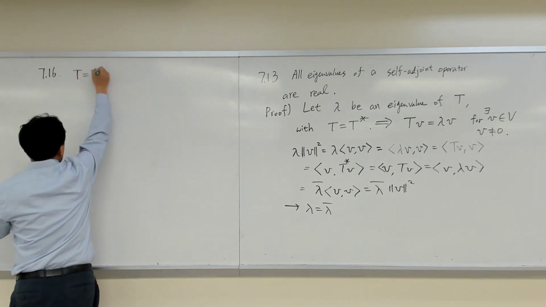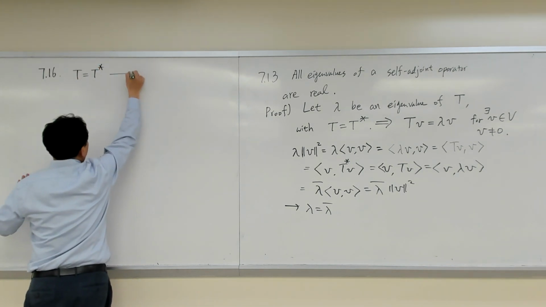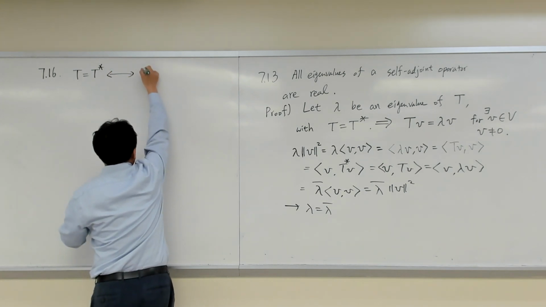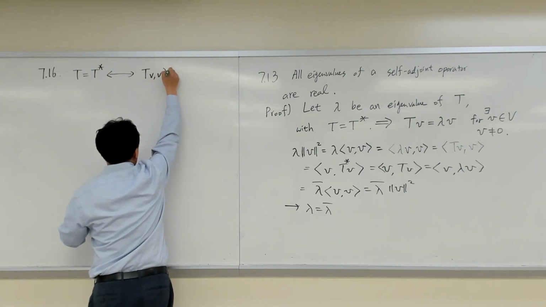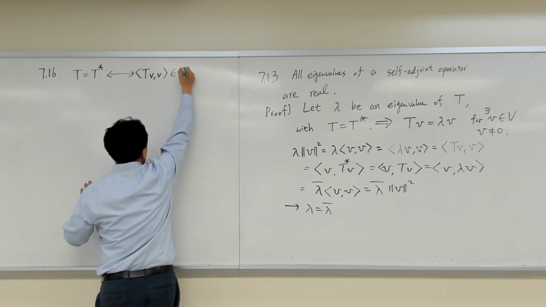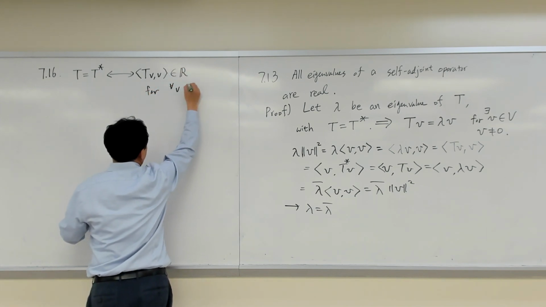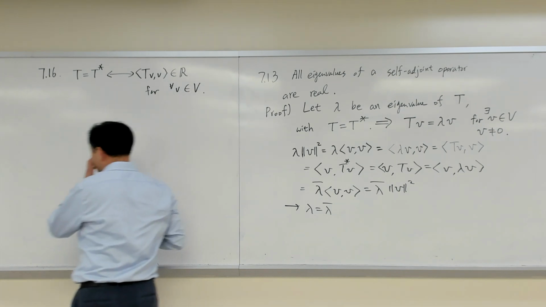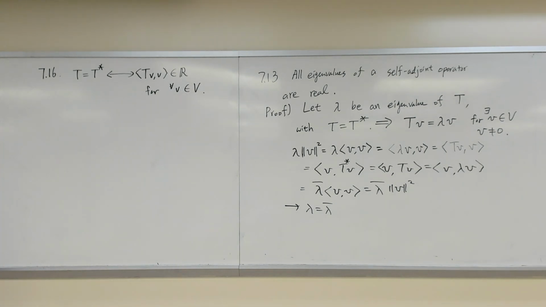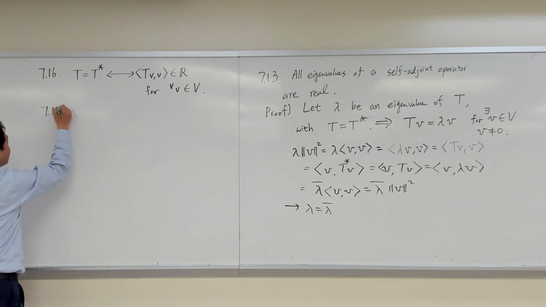T is self-adjoint if and only if <Tv, v> is a real number for all v in V. Now to prove this, you have to start by 7.15.